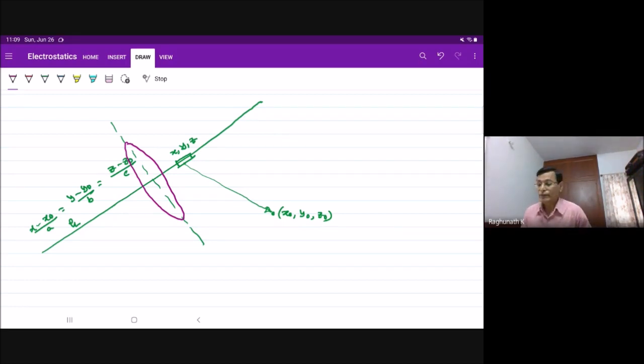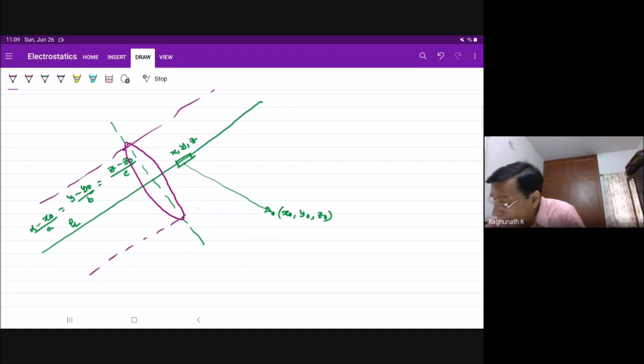Not only that, at any point on the cylindrical surface of radius r passing through the point of interest and having the line charge as its axis, the field intensity in general is radial.